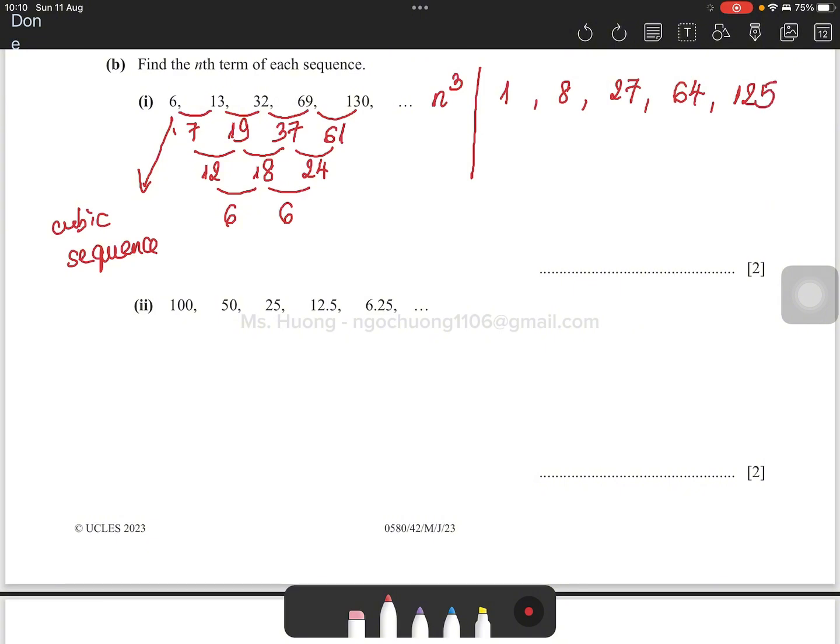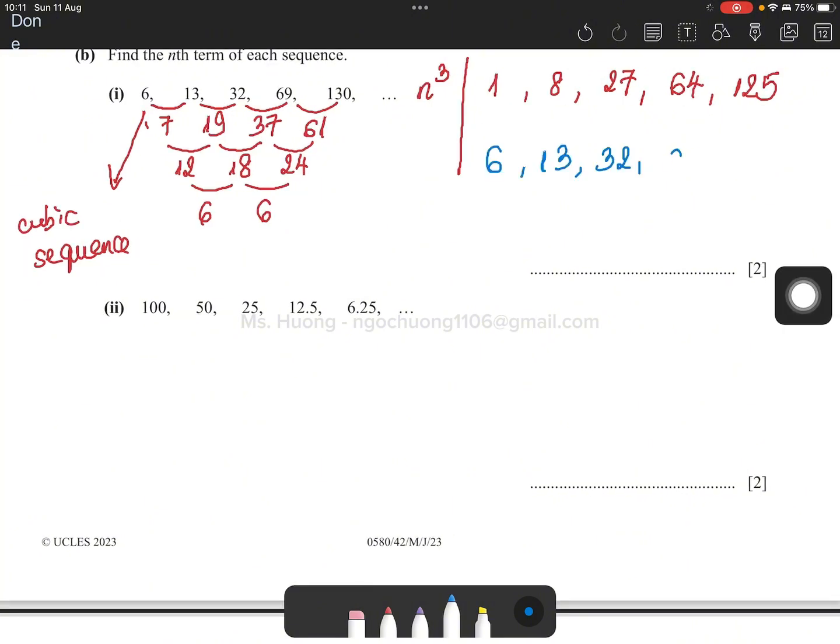So let's check the sequence in the question. This sequence, it is 6, 13, 32, 69, and 130. So can you see the pattern between these two sequences? 1 to 6, 8 to 13, 27 to 32, 64 to 69, and 125 to 130.